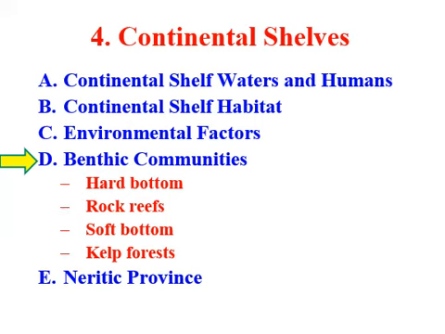So we're going to look at these 4 different types of benthic communities that are common in continental shelf waters and see what the conditions are, what kind of primary productivity there is, and what kind of organisms you find there in the sediments, on the sediments, and in the water above in these communities.